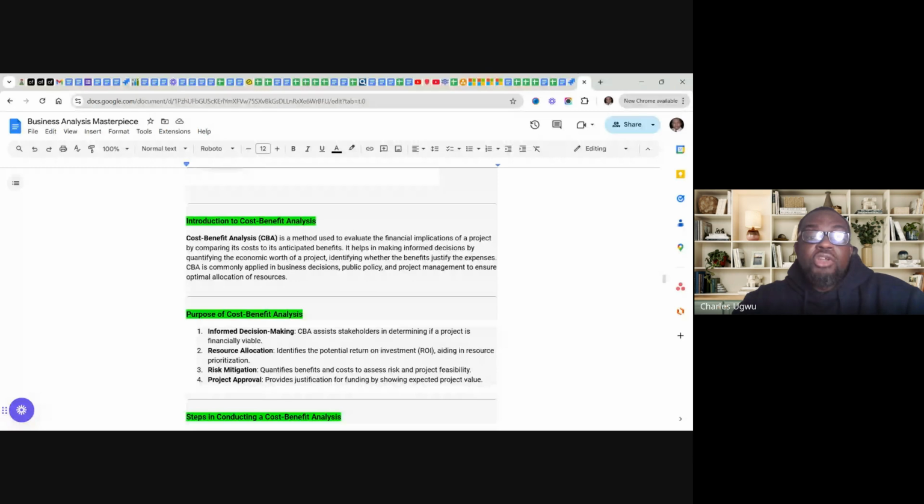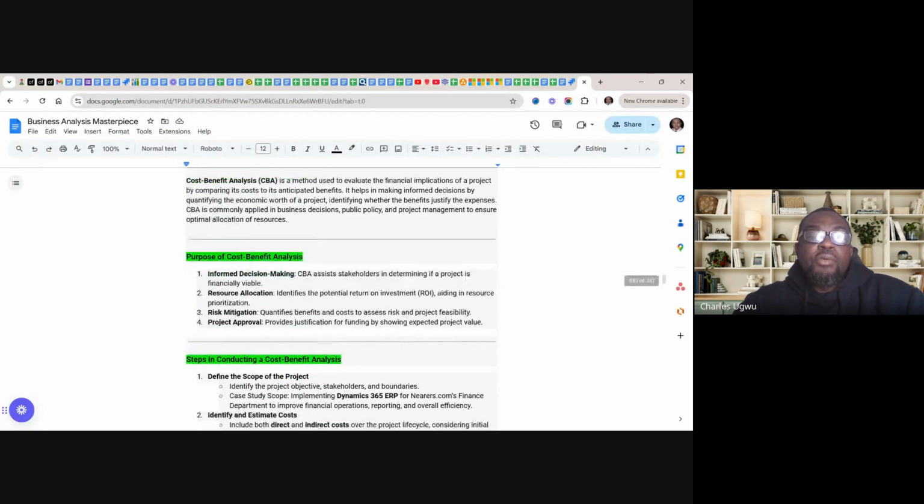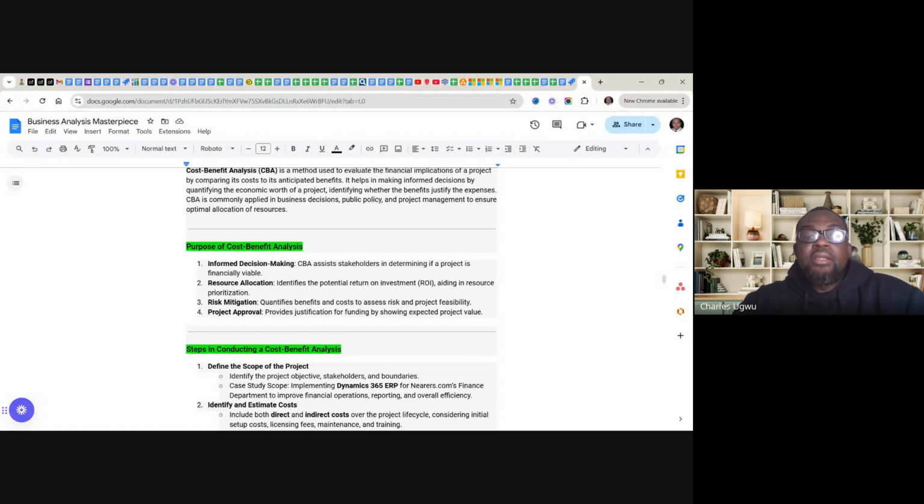The purpose of cost-benefit analysis, number one, is informed decision-making: it assists stakeholders in determining if a project is financially viable. As a business analyst, you are a consultant and you talk with authority when you talk about business decisions.